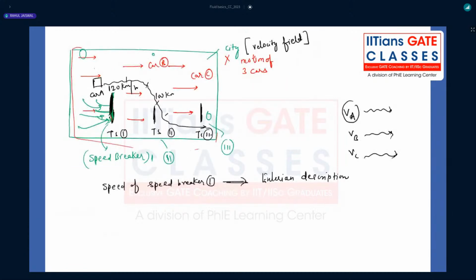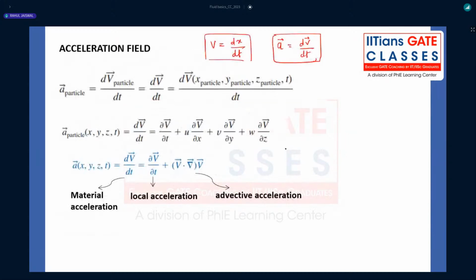At this location, what is the velocity at the speed breaker? 120. But this velocity is changing with respect to position. After traveling a certain distance, traffic signal 2 will come, and again speed breaker 3 will come. So velocity will be a function of positions x, y, z and t.